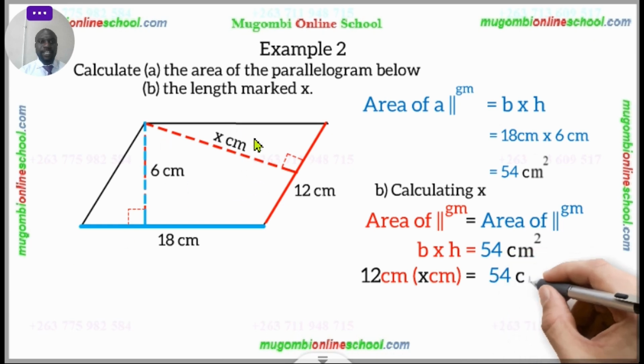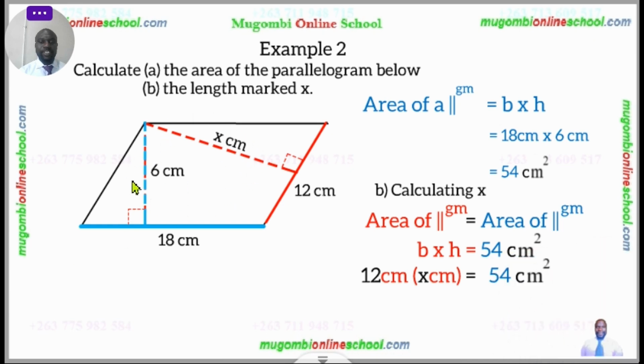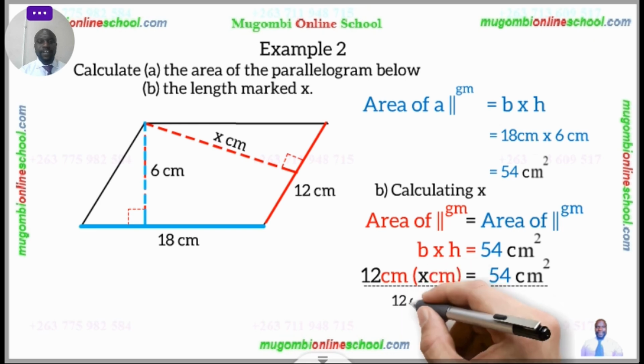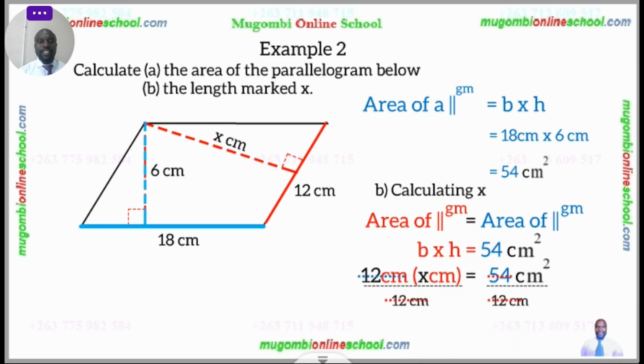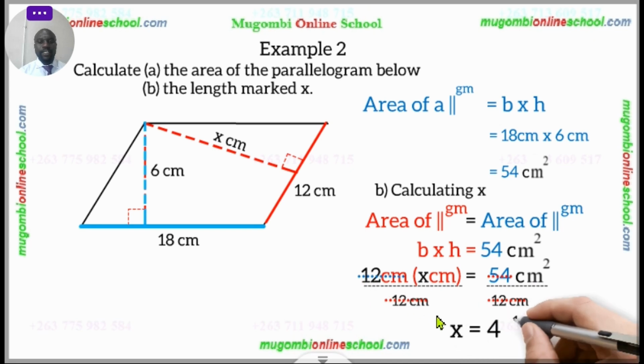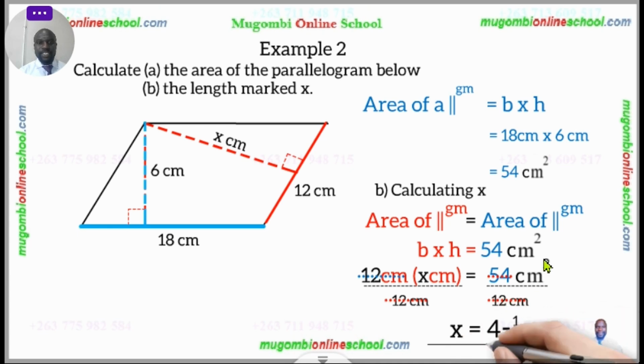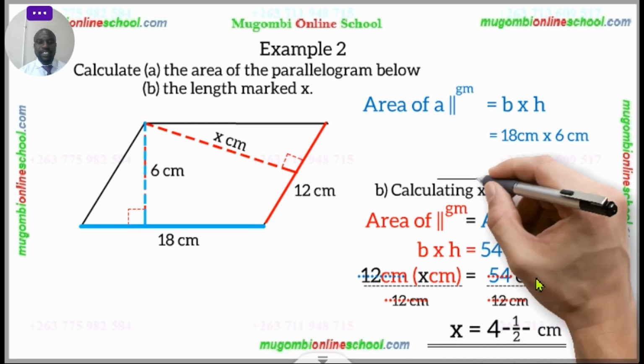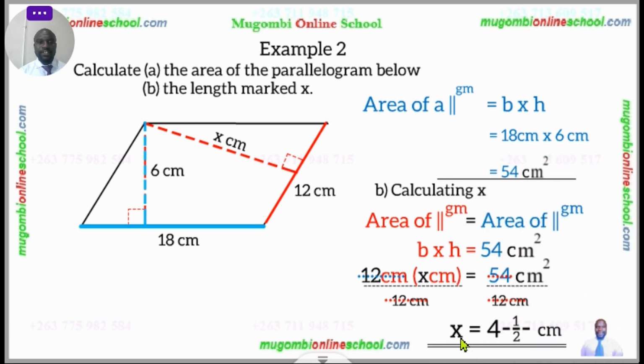This should give us the same area because it is the same parallelogram, isn't it? So let us divide by 12 both sides, and then we cancel the centimeters. The 12 and 12 give 1. Therefore, x is equal to 4.5. These centimeters will cancel with these squared centimeters, and we will remain with centimeters on the numerator. So our answer is x equals 4.5 centimeters. This is our final answer.